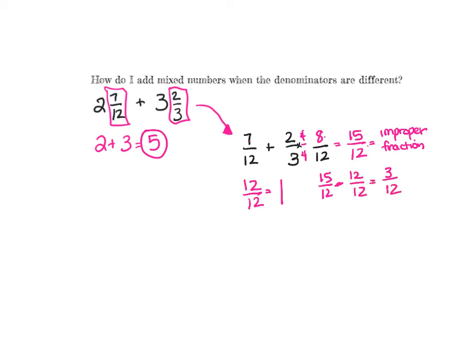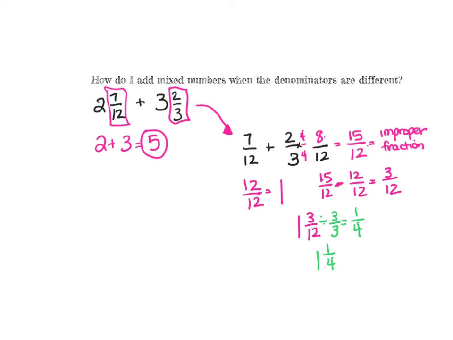So 15/12 is the same as 1 and 3/12. We also know that 3/12 can be simplified, and that 3 is the greatest common factor for both 3 and 12 in this case. So we'll divide by 3 on the top and bottom, which will give us 1/4. So we now know that 15/12 is the same as 1 and 1/4.